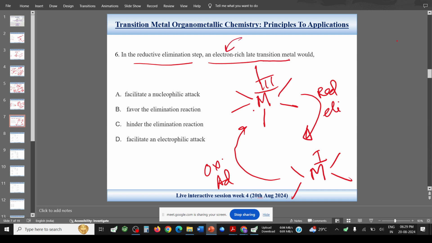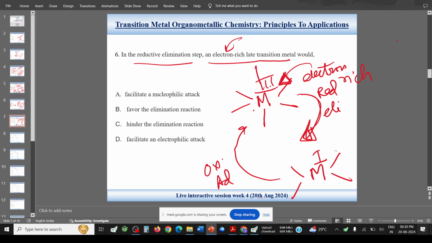This metal center is electron rich, which means it already has lots of electrons. In this step it goes from +3 to +1.